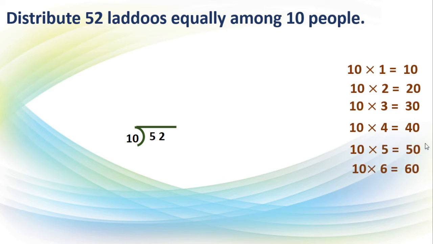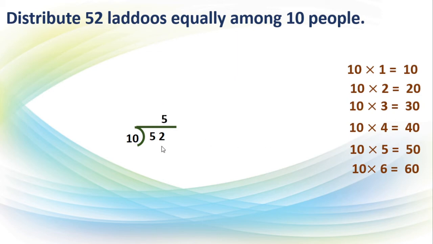Yes, dear children, see this. 50 we have to take, isn't it? Because here we have the number 52. The next, that is 60, is greater than 52. So we must go for this. 10 fives are 50.